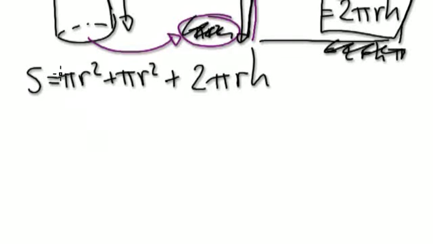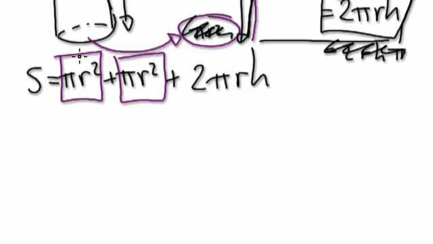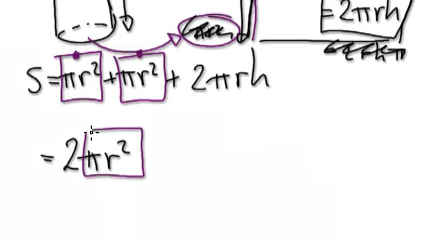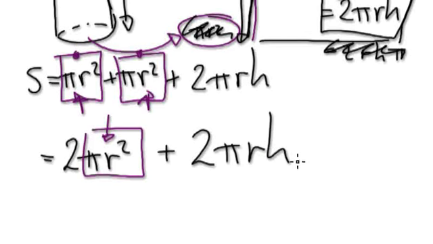Now this is a pi r squared, and this is a pi r squared. One plus another would be two pi r squared. So you've got two pi r squared here, plus 2 pi rh.